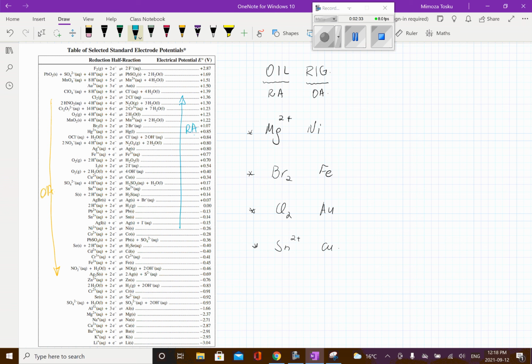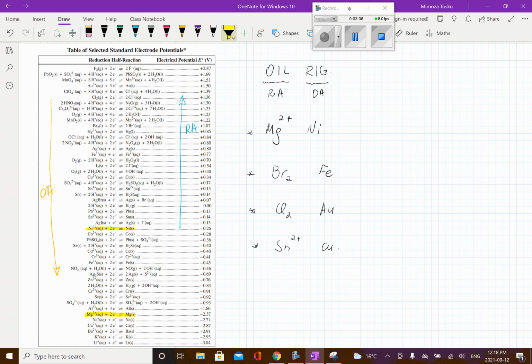Magnesium 2+ is somewhere in here, and it is an oxidizing agent. Now we look at nickel, which should be on the reducing agent side, because if we have two oxidizing agents, then nothing is happening. And nickel, I saw it, is here.